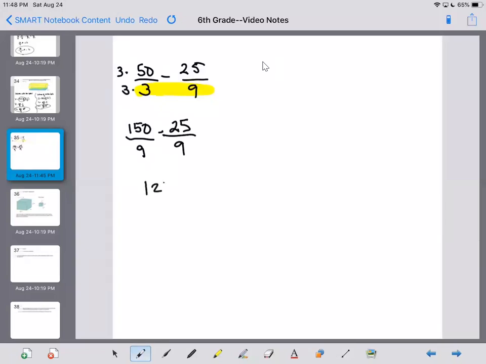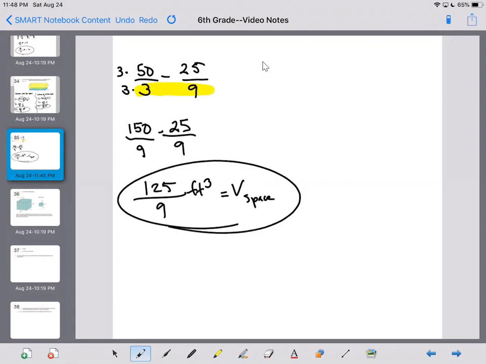So we would have 125 ninths cubic feet as the volume of the space that needs to be filled.